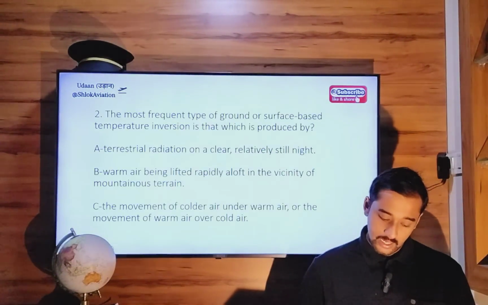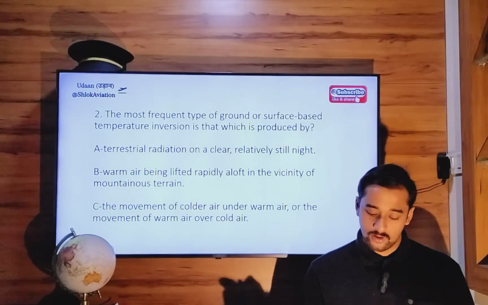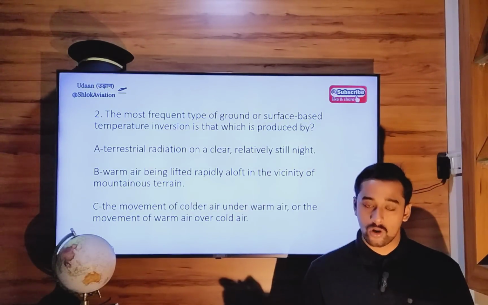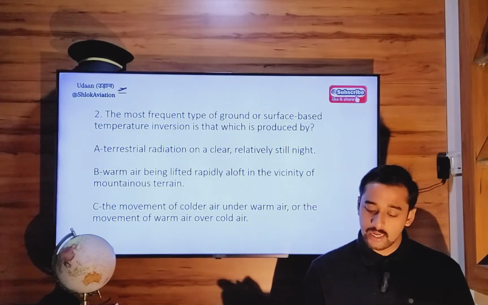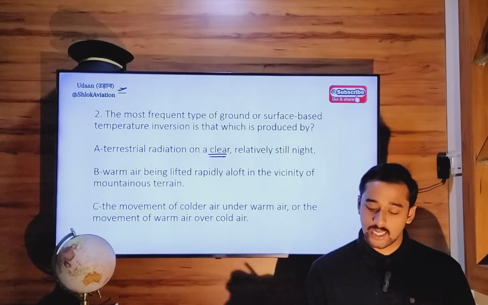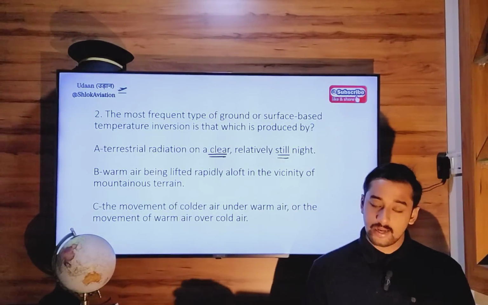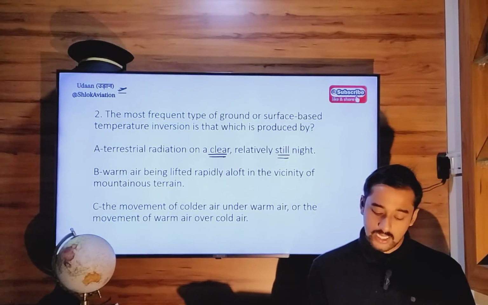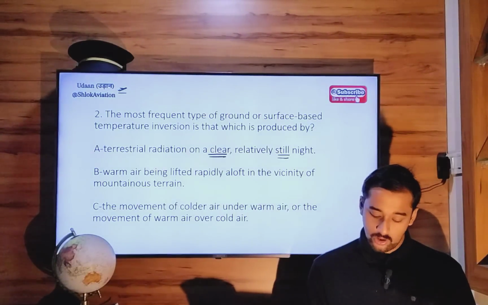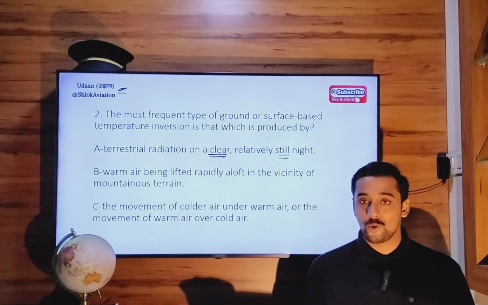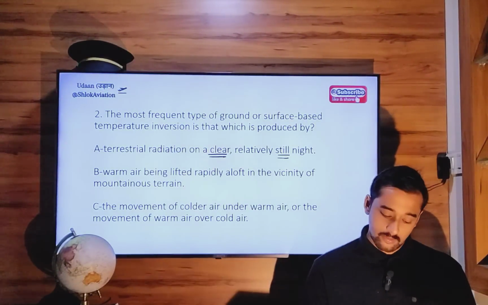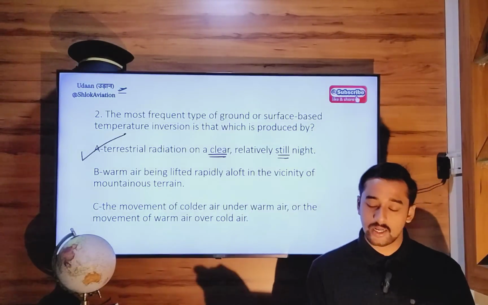So that is wrong. Next, the most frequent type of ground inversion or surface-based temperature inversion is that which is produced by what? Terrestrial radiation on a clear sky, that means no clouds, relatively still, that is stable, calm night; warm air being lifted rapidly in the vicinity of mountainous terrain; movement of cold air under warm air; or movement of warm air over cold air. Ground-based inversion frequently happens because of terrestrial or nocturnal radiation.